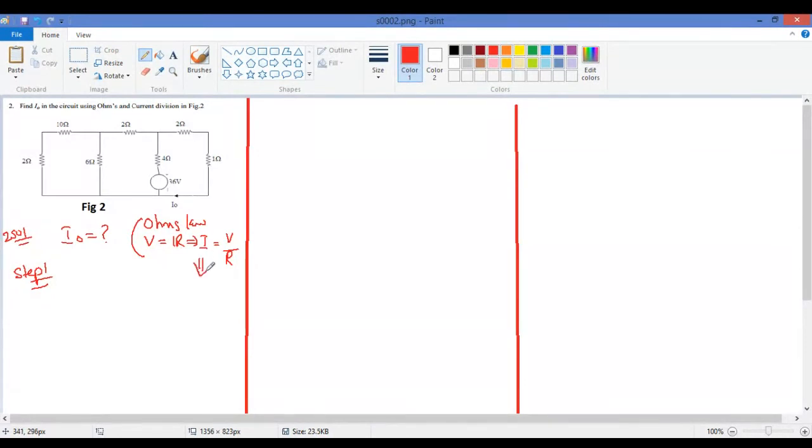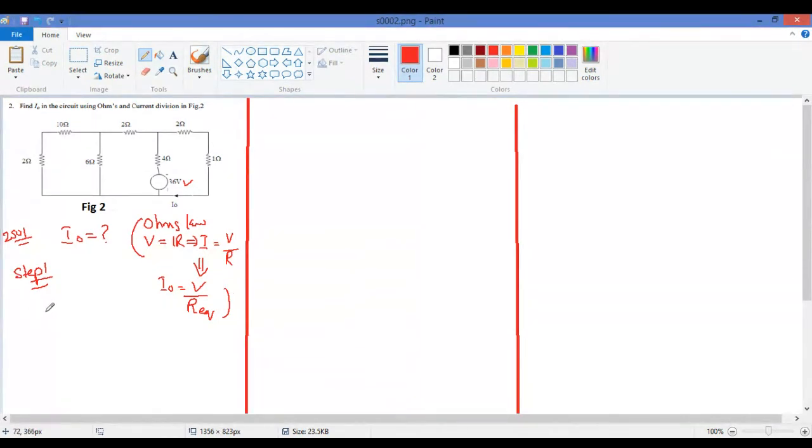So I is what we need to find out, I naught. And V is given here. Okay. V is 36 volts. And R is not given because there are many components. I have to find out R equivalent. Okay, so we will get I naught.